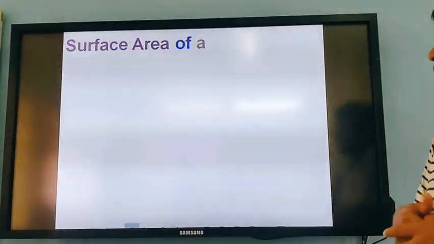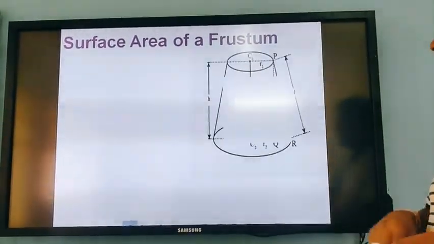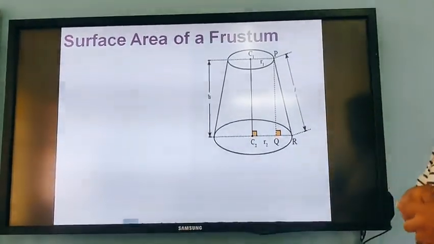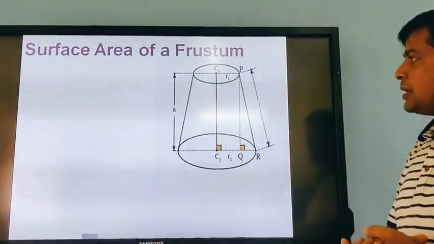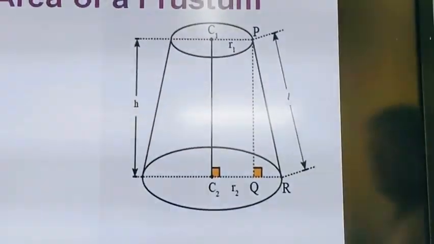Now let us see how we find the surface area of the frustum of a cone. See the figure. After cutting the cone with a plane, we get the frustum of the cone.